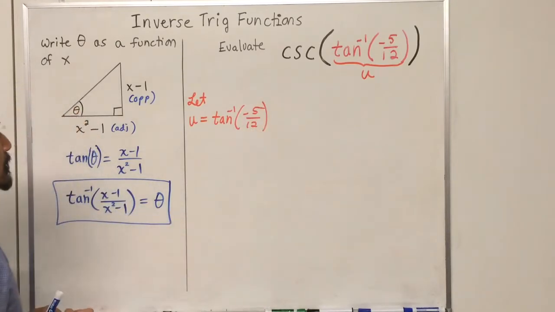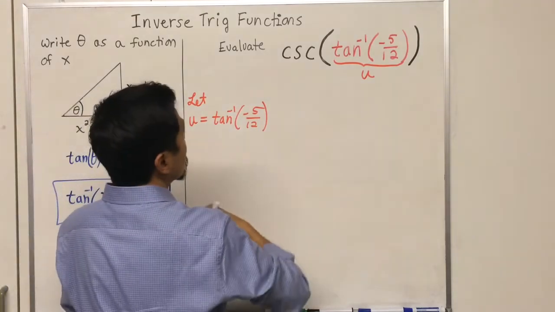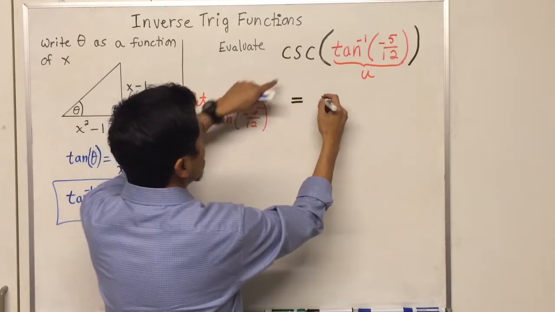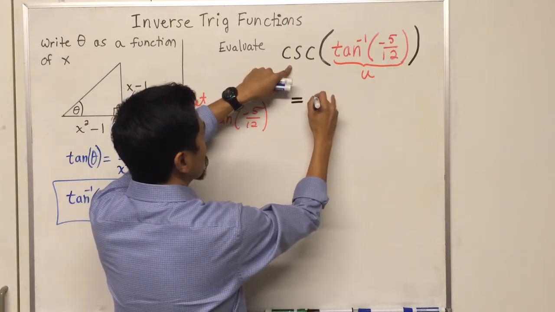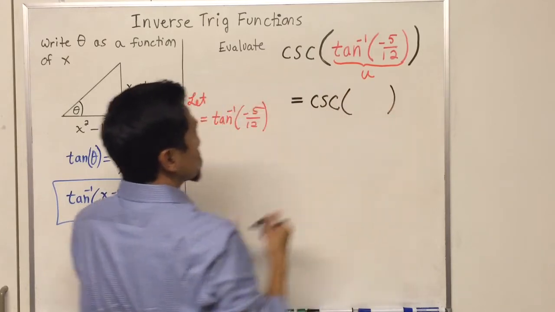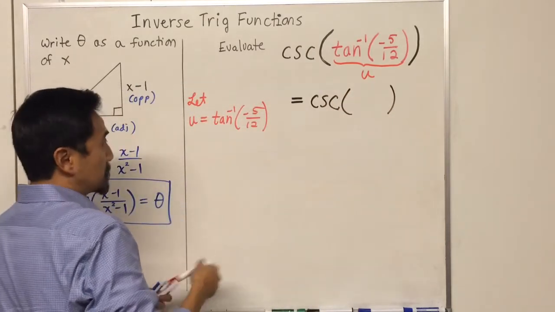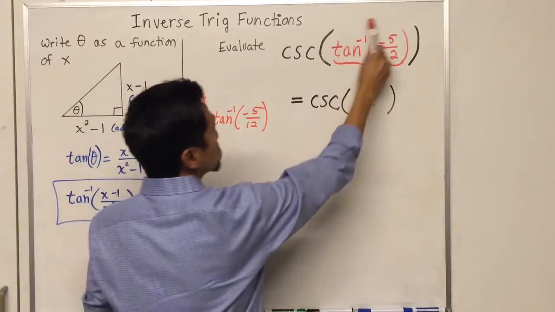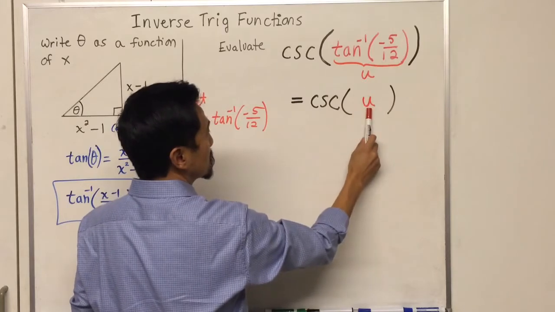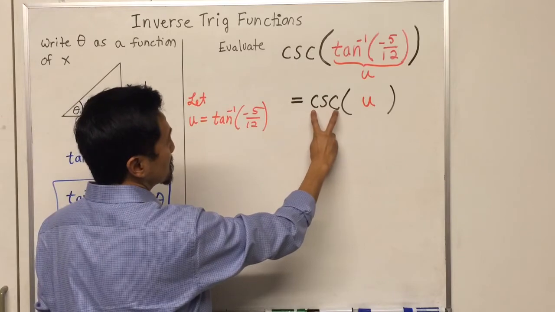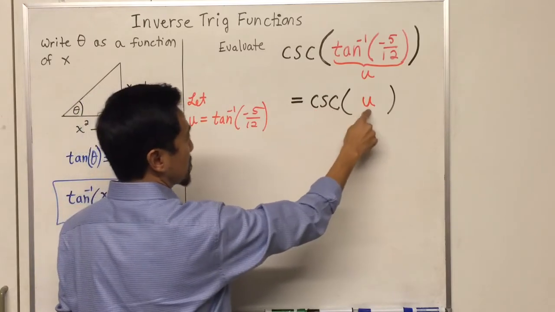So really, if you look at what we have up above, this on top is now equal to the cosecant of angle u. So all of this in red is just really equal to u. So to complete this task, all we need to do is evaluate cosecant at u.